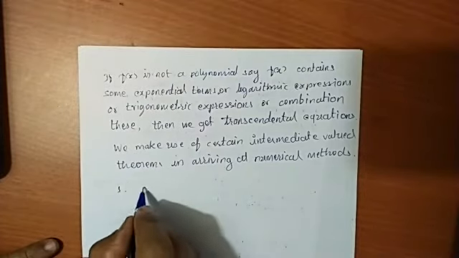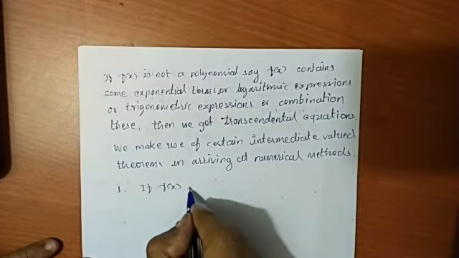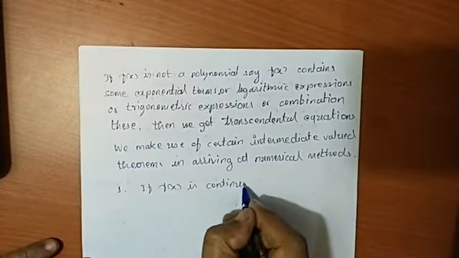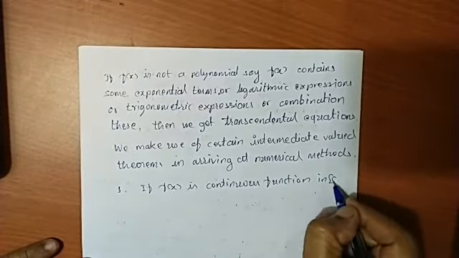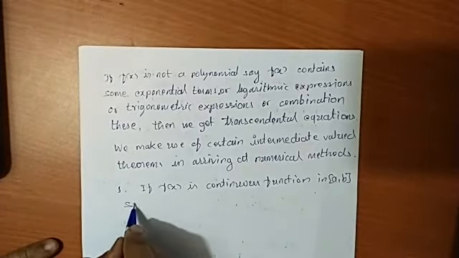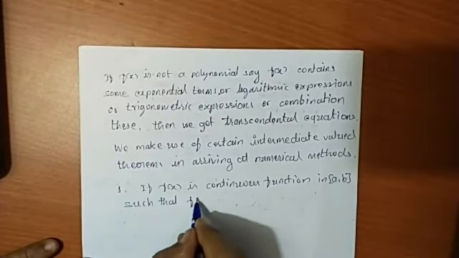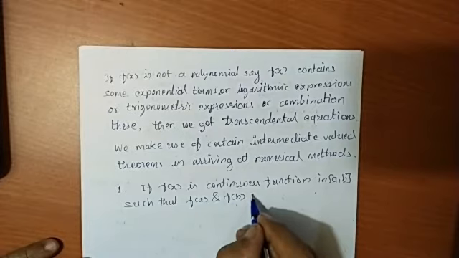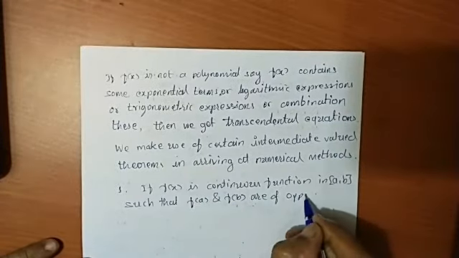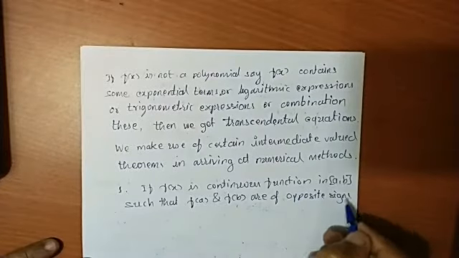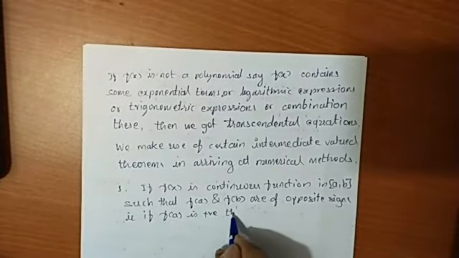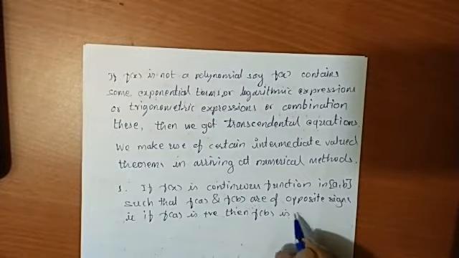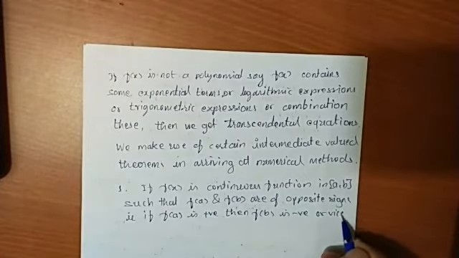First one: if f of x is a continuous function in [A, B] such that f of A and f of B are of opposite signs, that is, if f of A is positive, then f of B is negative, or vice versa.